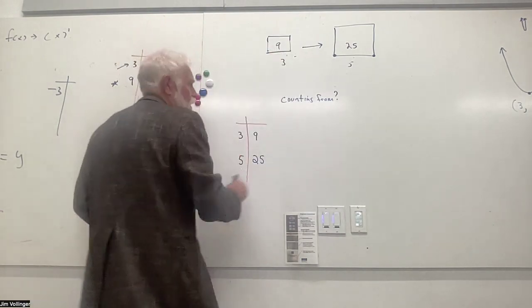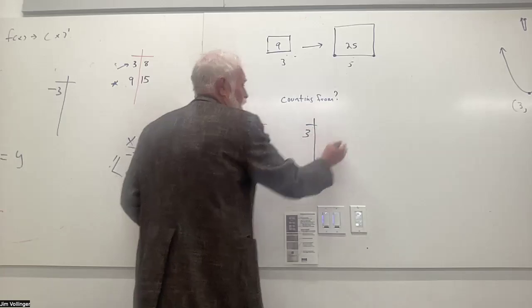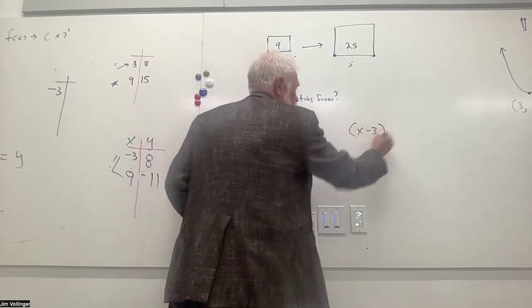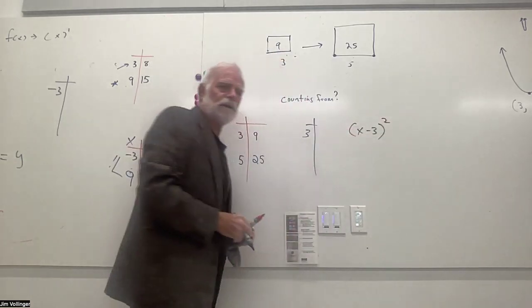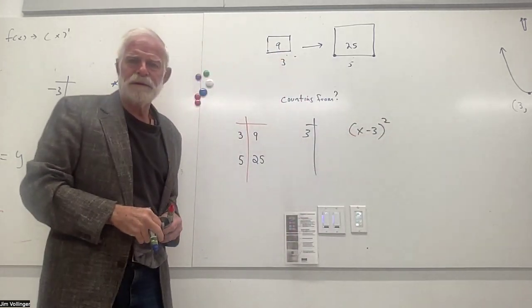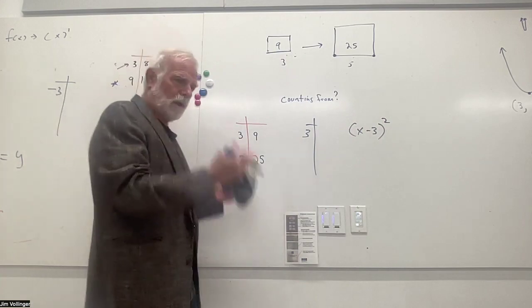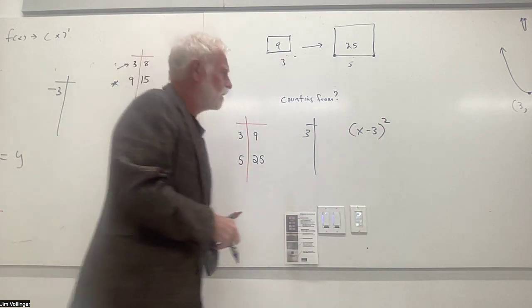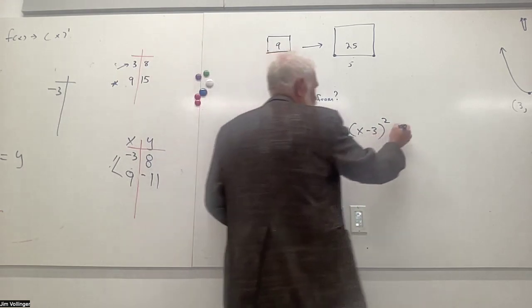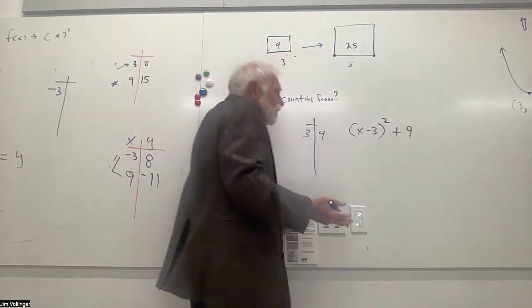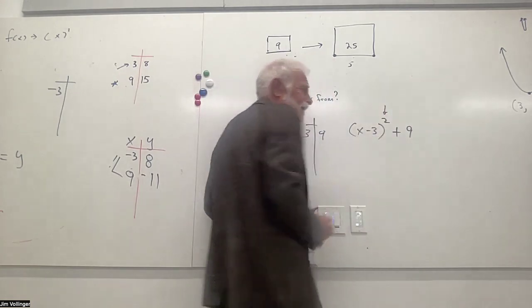I think I can say, okay, I start with a 3. Well, I think I can say x minus 3. But I'm squaring. I've got one more calculation involved in this process. So this is a quadratic calculation. And therefore, what do? I want 9. Same thing, I write it. I've only done one different thing.